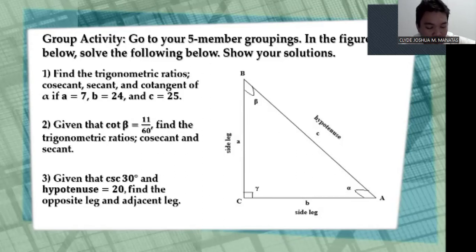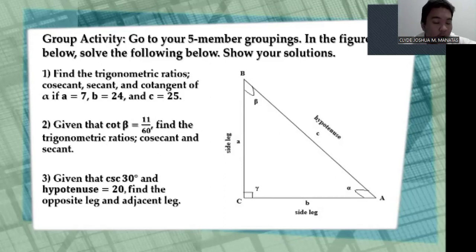So, using your calculator, 1 over cosecant is what? The reciprocal. Very good. It's 1 over sine. So 1 over sine 30 degrees is equal to 2.